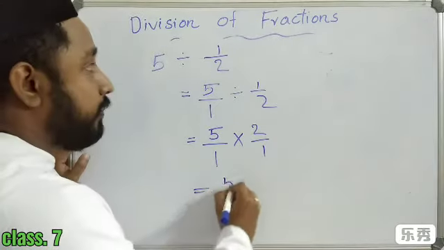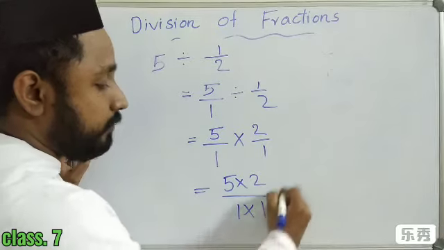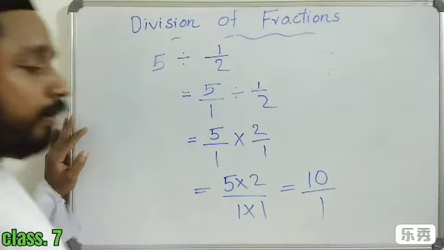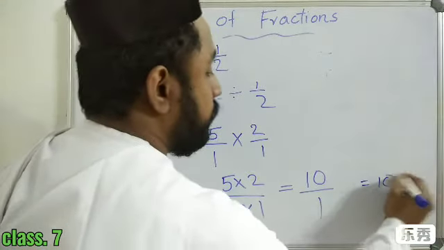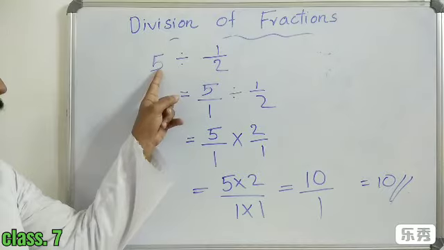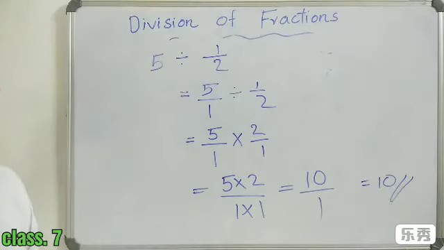That is 5 into 2 by 1 into 1. It's equal to 5 into 2, 10, by 1 into 1, 10 by 1, or simply 10. So the answer is 10. Here 5 is a whole number, so we consider it as 5 divided by 1. Then it will be easy.